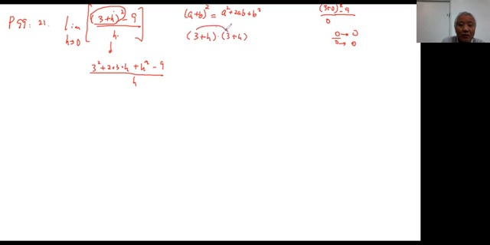You can use FOIL. 3 times 3 is 9. Then 3h and 3h together is 6h. And then h times h is h squared. No problem? That's the result, in case you couldn't get the formula.